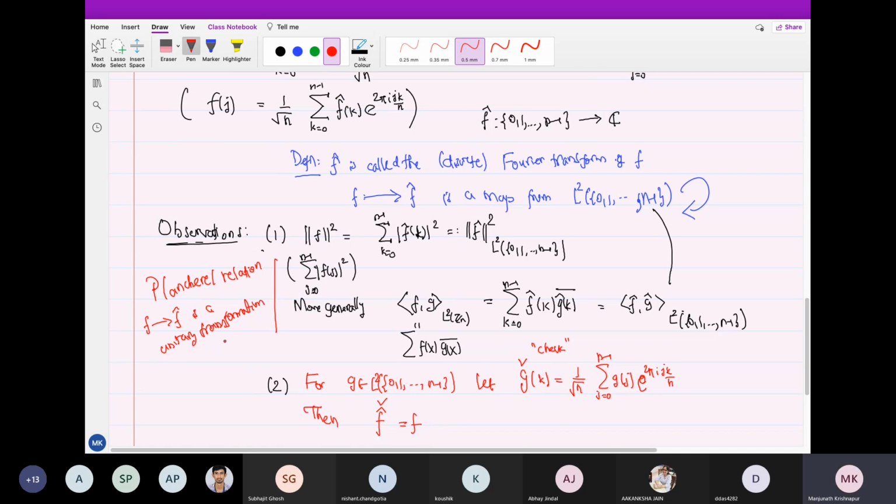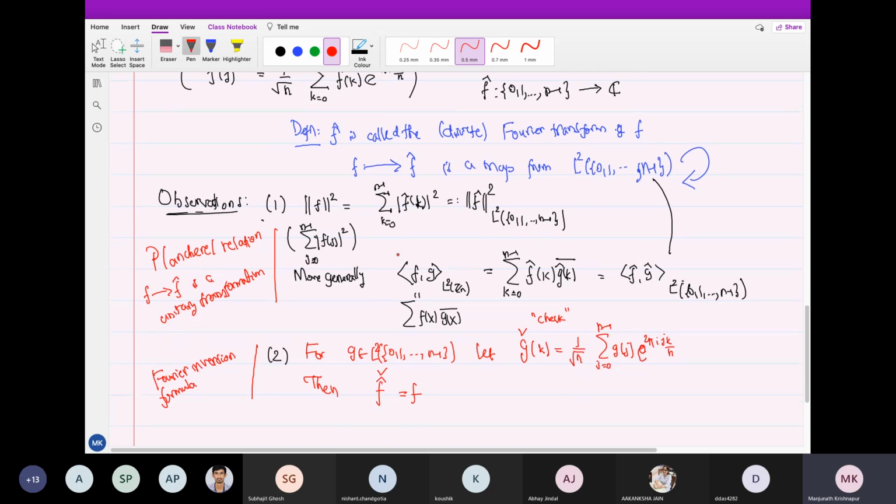So this is called the Fourier inversion formula. It looks like names for some seemingly trivial points, but these are useful things. Of course, being a unitary transformation, there is going to be an inverse. So if you can go from f to f hat, you can go back from f hat to f. There is going to be an inverse abstractly. But a point to note here is that the inverse is more or less the same transformation, with a slight difference: the check instead of the hat.